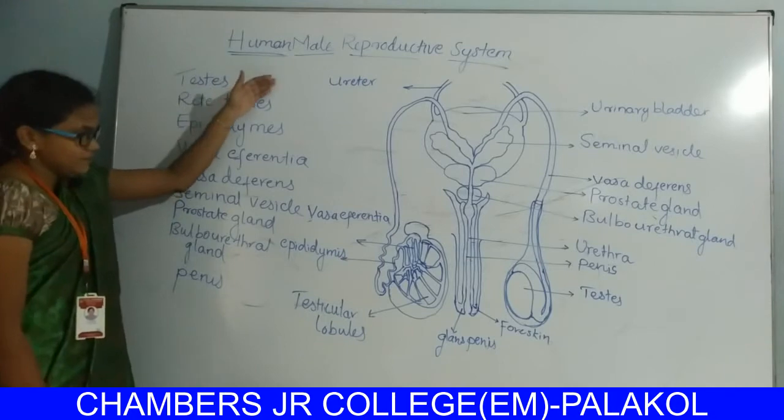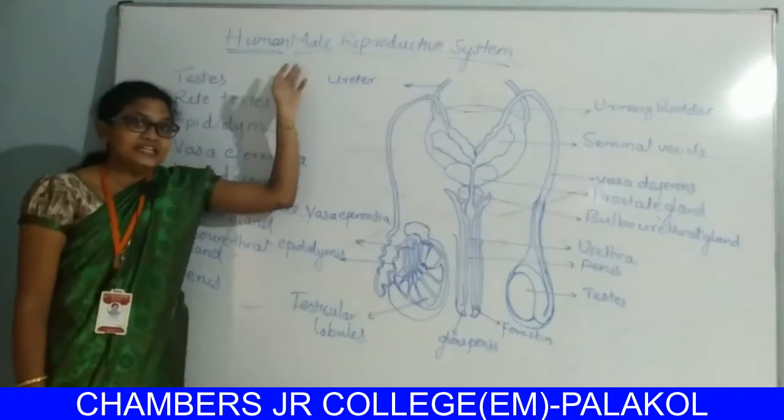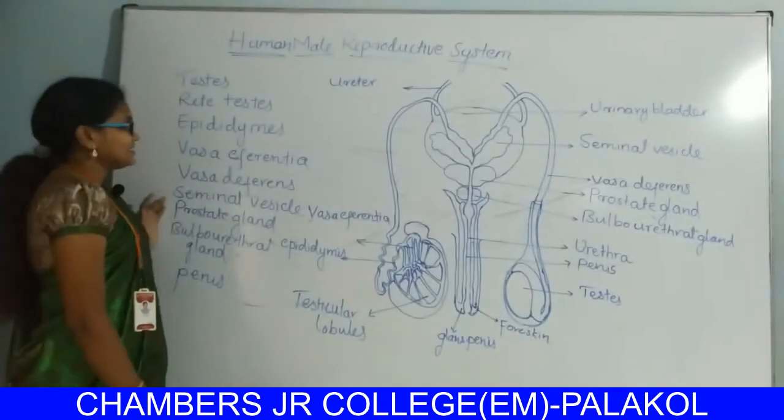So these are the parts of the human male reproductive system.